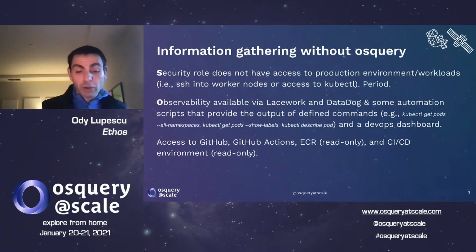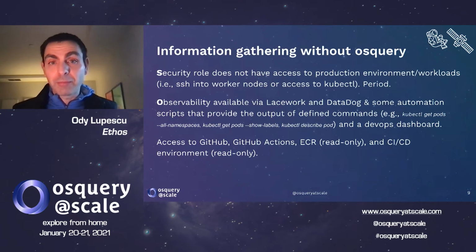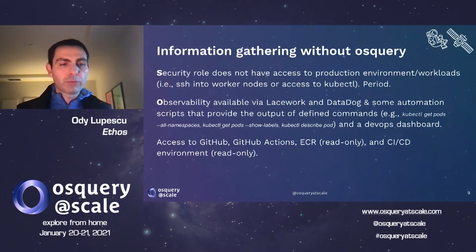Now, a little more context about our predicament in this use case. As a security person, or the security team for that matter, we don't have access to the production environment. So when we try to gather information from our production environment, we can SSH, and we don't have access to kubectl, so zero. We do have a solution called Lacework, and we have Datadog and some other automation scripts that give us information, but we can't really interact with them.